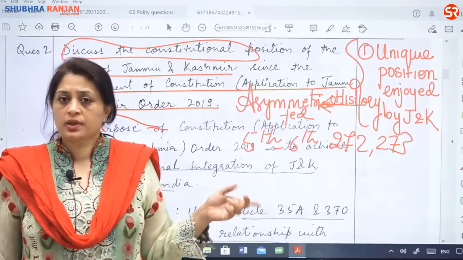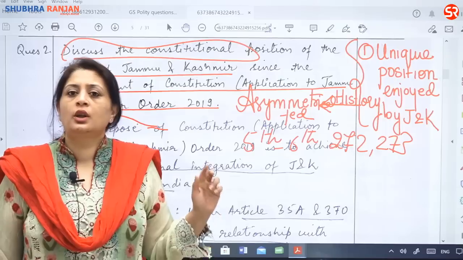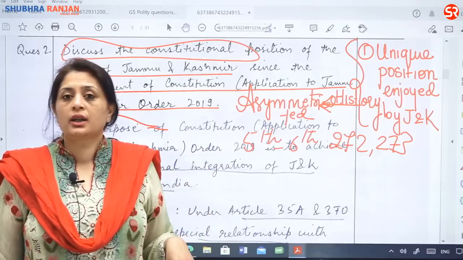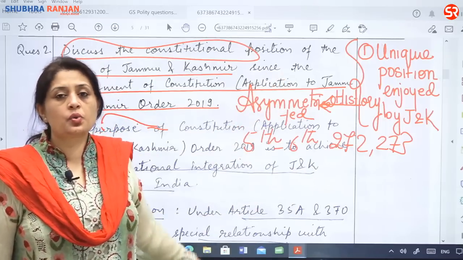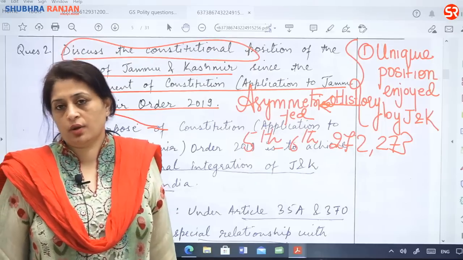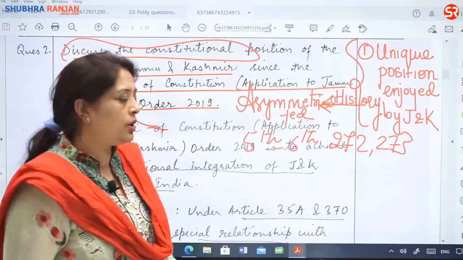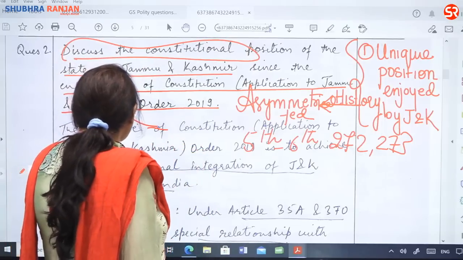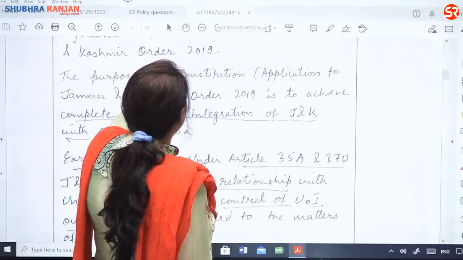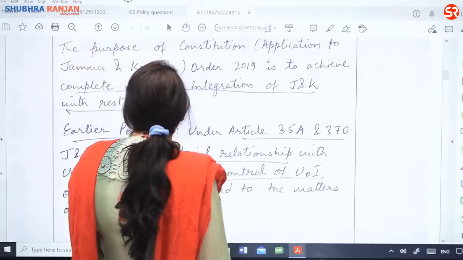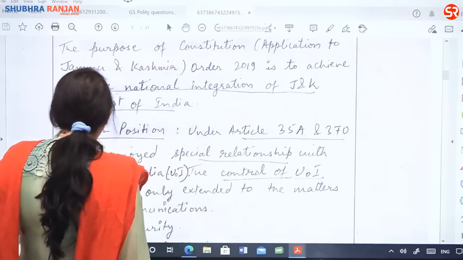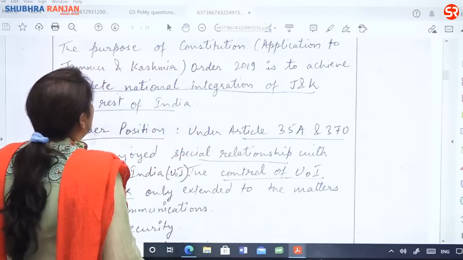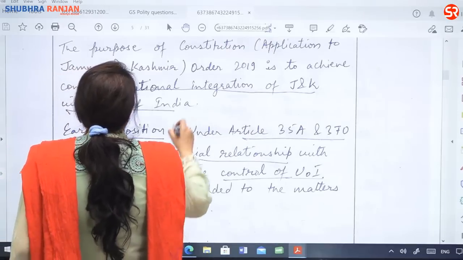So once there was a question on 370, so there can be a question on Article 370, and let us see whether this student satisfies the expectations of the answer. So the purpose of the Constitution Application Order is to achieve complete national integration.